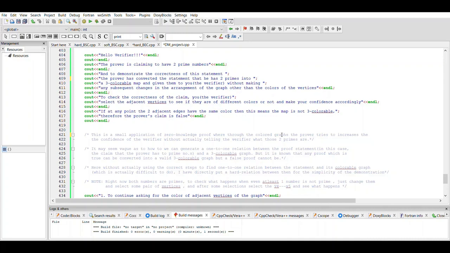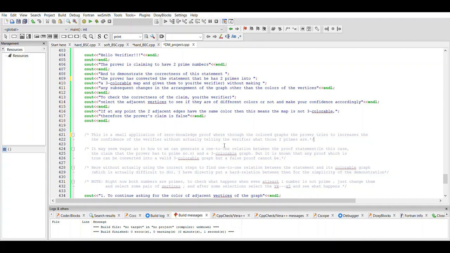So what the prover actually does is convert the proof statement into a three colorable graph and then ask the verifier to choose any two adjacent vertices as many times as the verifier wishes.